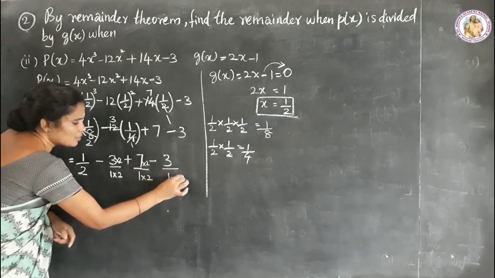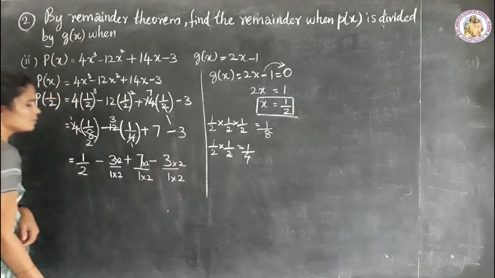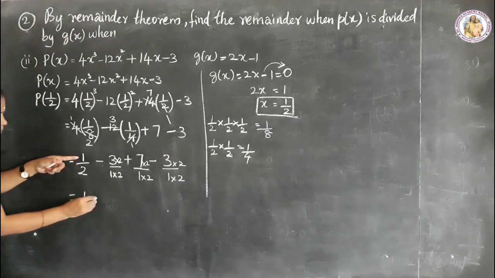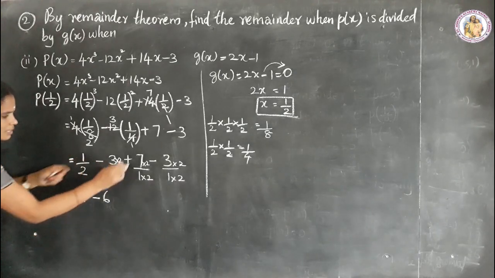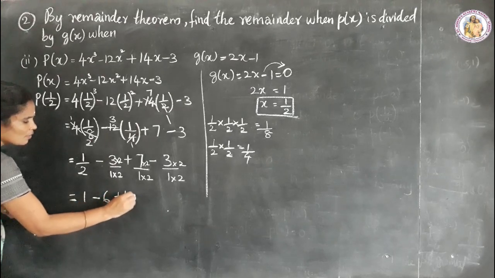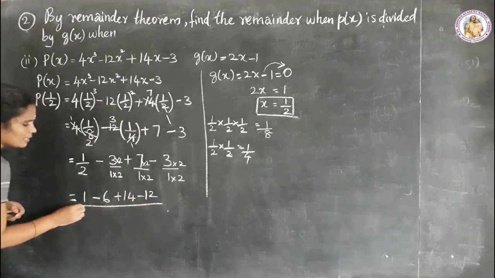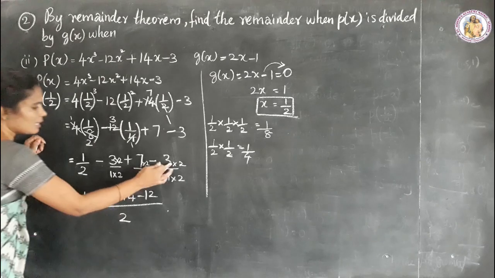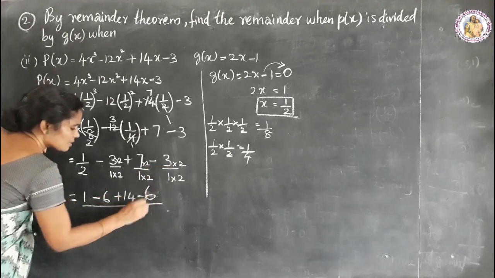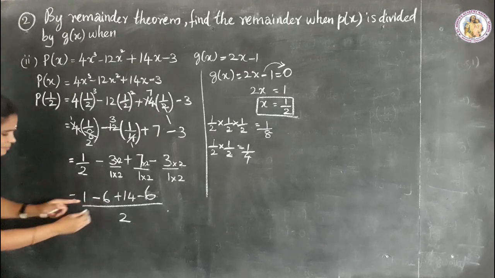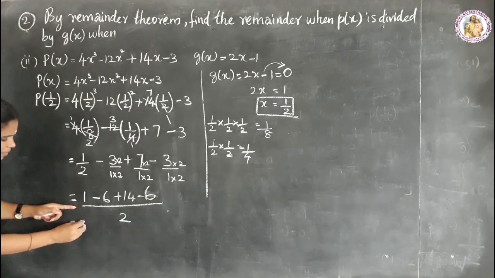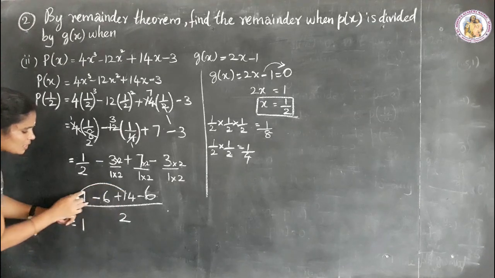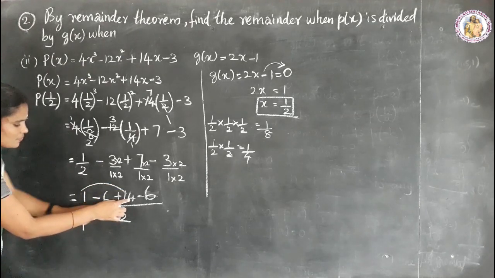1 into 2 into 2. Okay. Now 1 minus 3 2s are 6, 7 2s are 14, 4 3s are 12, divided by 2 common. Okay, 3 2s are 6. Now the next step, add all the plus values: 1 plus 14 is 15.